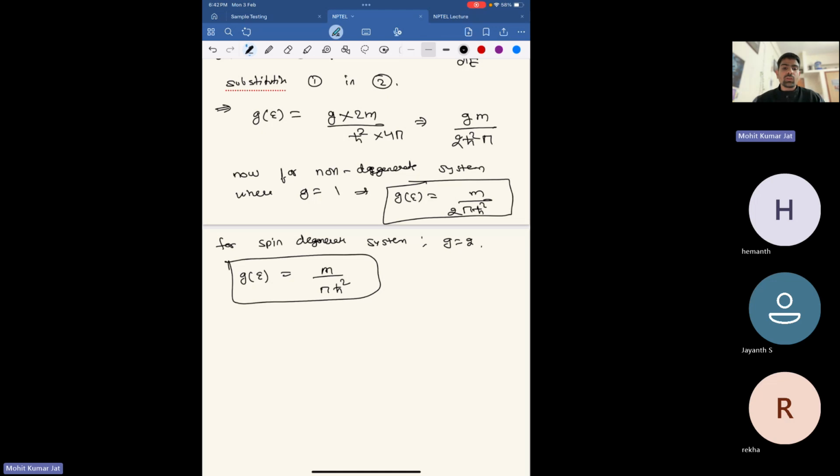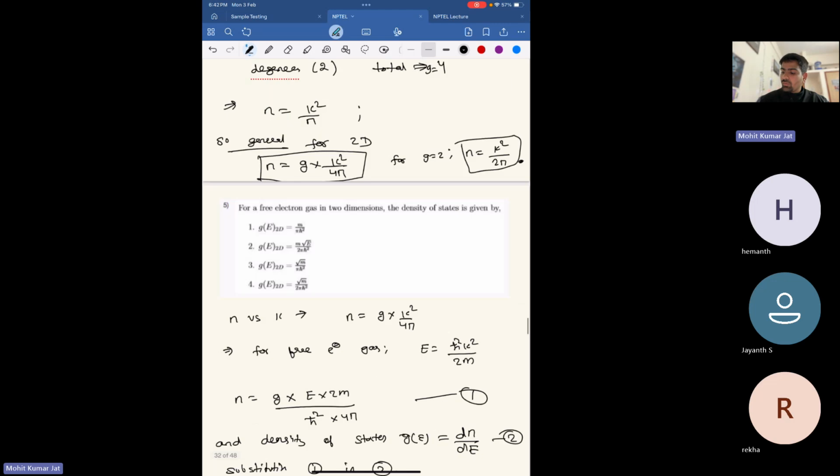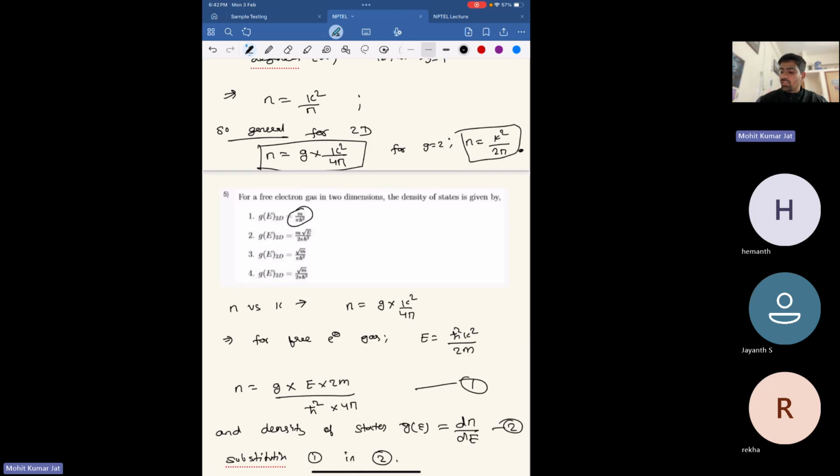Since there is nothing in the question, it has not been given that the spin degeneracy is lifted, so I'll go with this one. And anyway, the answer m by πħ² is there. The m by 2πħ² answer is not there in the options also. That tells me that the spin degeneracy is not lifted. The system is still degenerate. That is m by πħ². Any question? If any question is there, you can ask me.